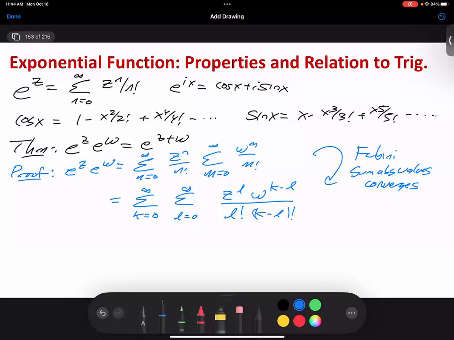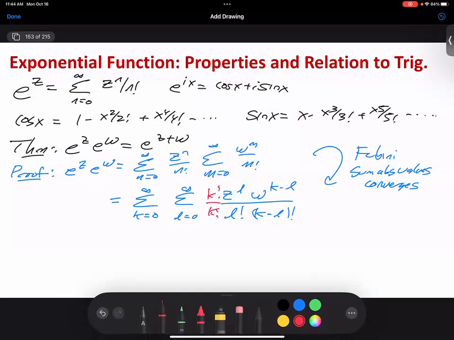If you are very, very quiet right now, you can hear something. There's something missing from this expression, it's screaming, it wants to be there. It wants a k factorial. So let's just put in a k factorial because we like to. Can we do that? So we divide by k factorial.